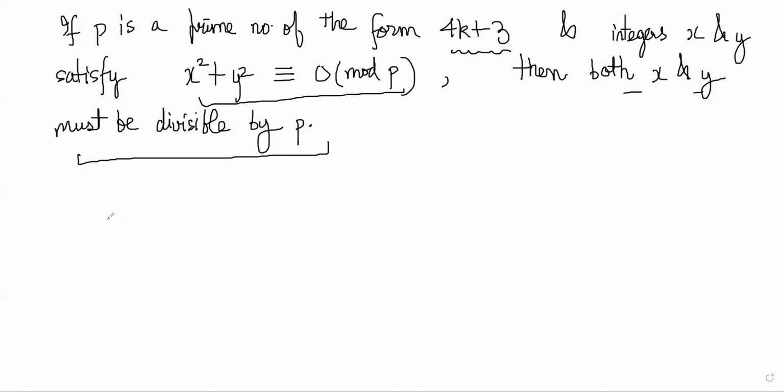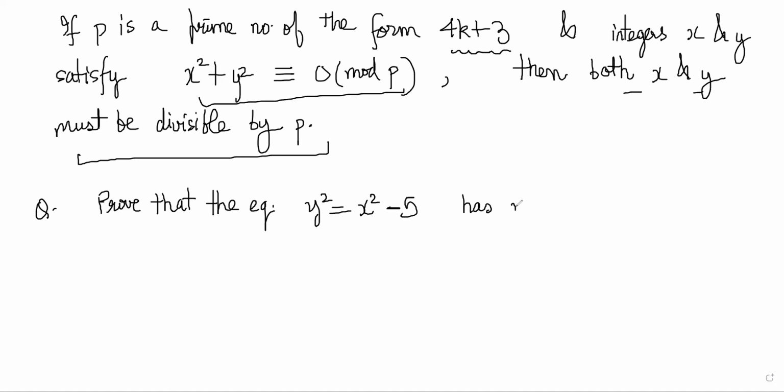Okay, so let's look at a question now which deals with this concept. So we have to prove that the equation y square is equal to x cube minus 5 has no integer solutions.